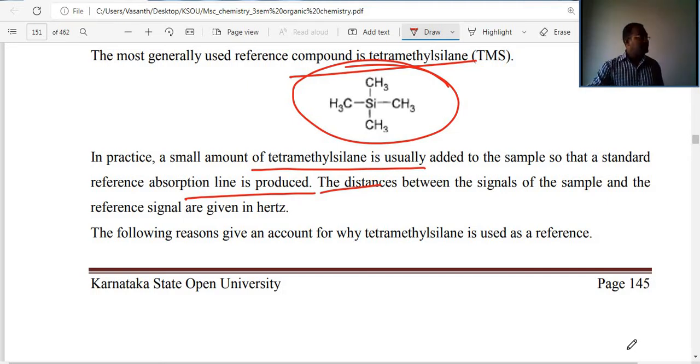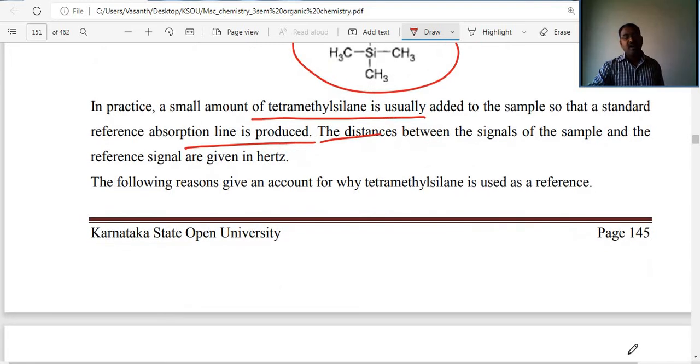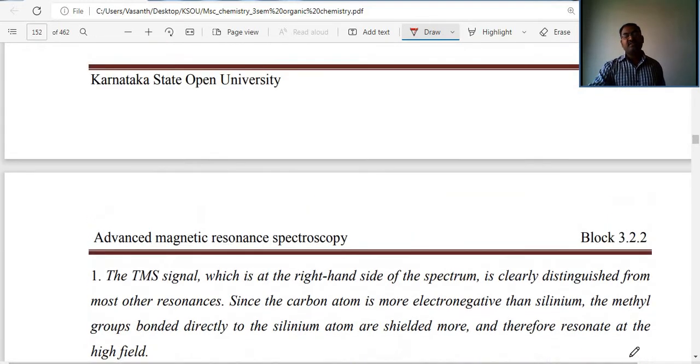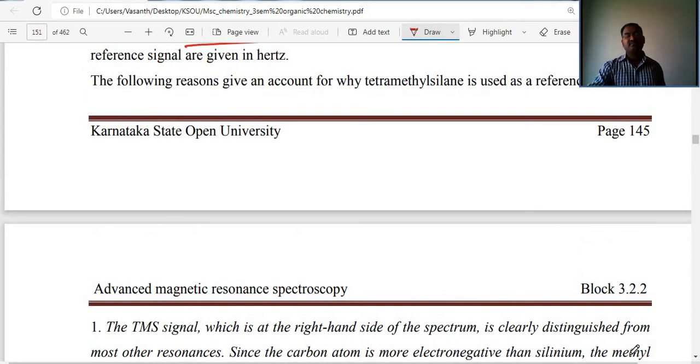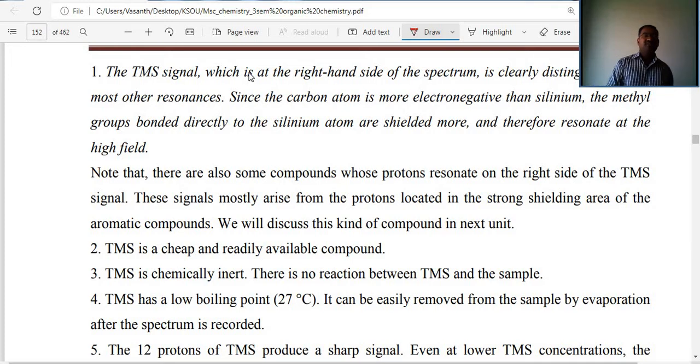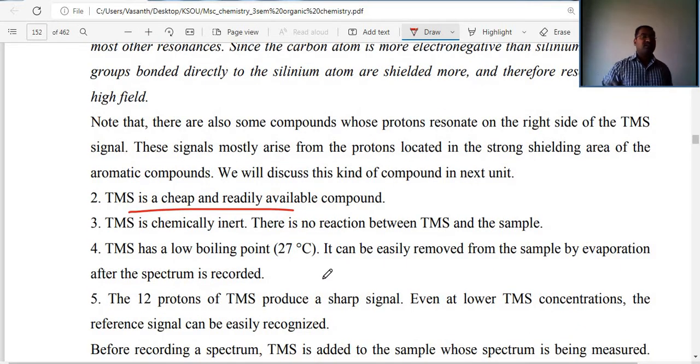The following reasons account for tetramethylsilane being used as the reference. Tetramethylsilane is a cheap and readily available compound. It is chemically inert; there are no reactions between TMS and the sample.